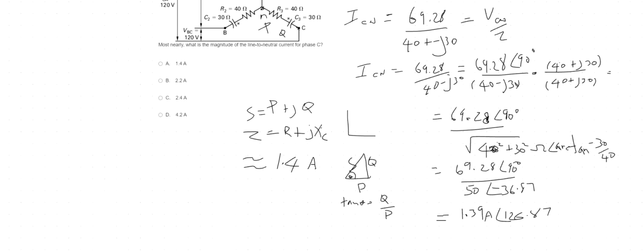So it's the same thing. If you draw the triangle, it's the same thing you work out. This is Z, which is R, and this is XC, which is on the imaginary line.